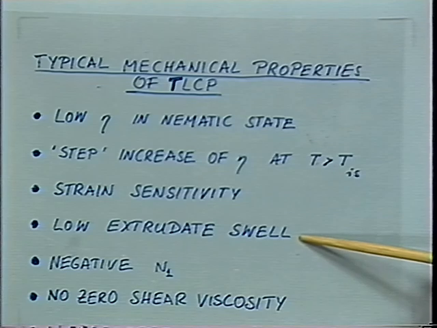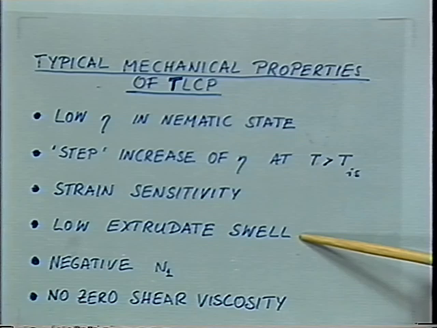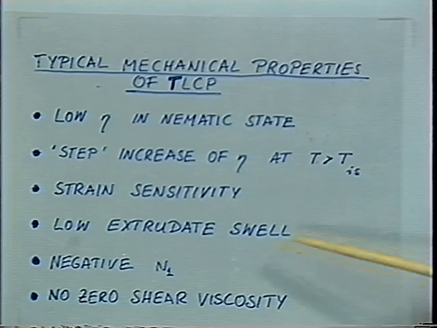Elasticity is fairly low. You can see that in extrudates well. When extruding a polyethylene through a die, it will increase its diameter tremendously at the exit, but a liquid crystal polymer maintains its shape, which really is an advantage when you process material into an extrudate of defined cross-section. You can control that much better.